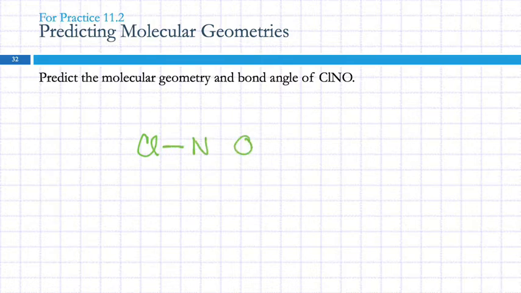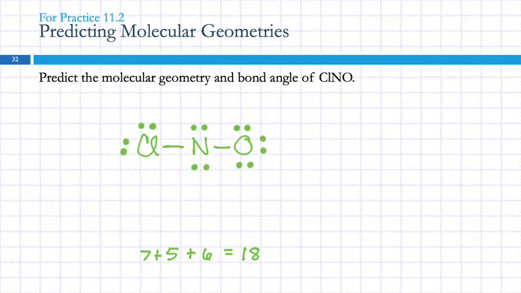And there's got to be at least a single bond to hold those guys together. Chlorine has 7 valence electrons, nitrogen has 5, and oxygen has 6, so I think that adds up to 18. So I count my bonds: 2, 4, 6, 8, 10, 12, 14, 16, 18.